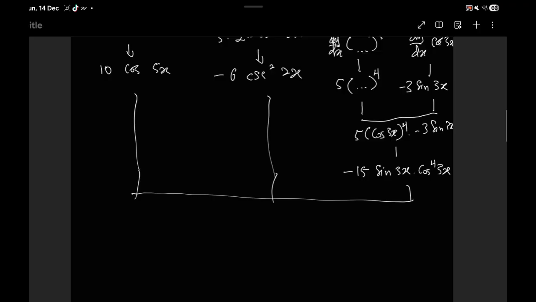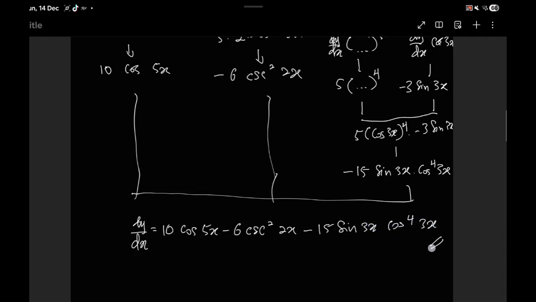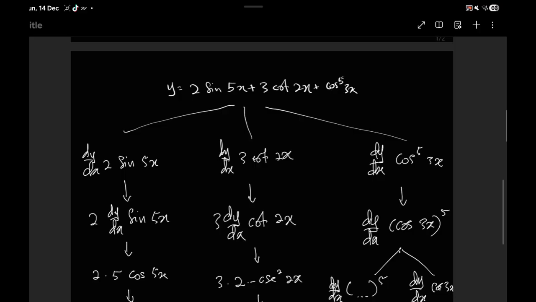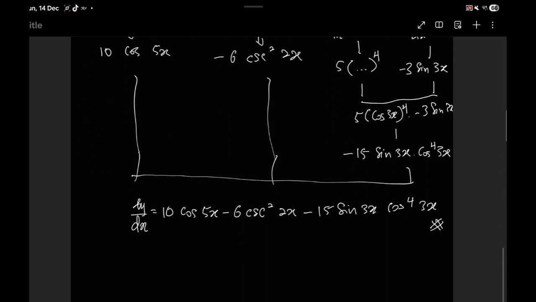For this case, dy over dx is equal to 10 cos 5x minus 6 cosecant squared 2x minus 15 sin 3x cos to the power of 4 3x. This is how you differentiate the equation of b in our example, and it's how you get the answer.